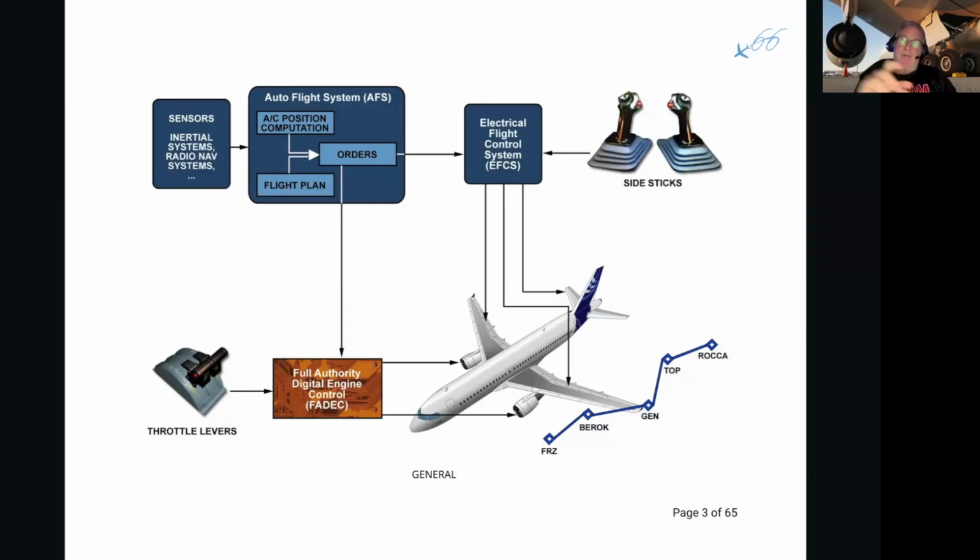The pilot will take the throttles and move them to the takeoff thrust, or MCT, max continuous, and the aircraft will take off. At some point the pilot will get an indication to take the throttles and put them into the climb detent.